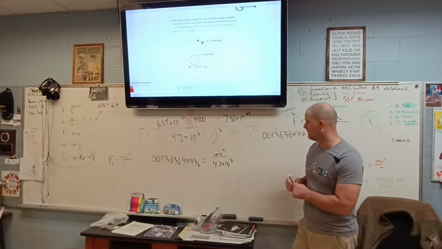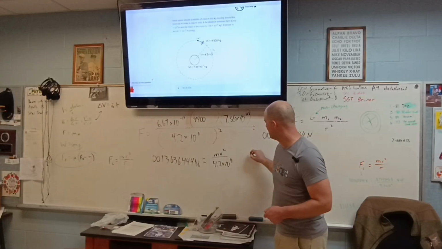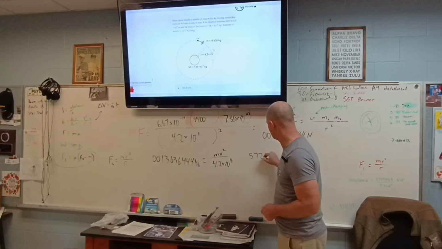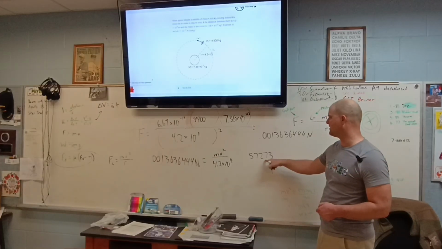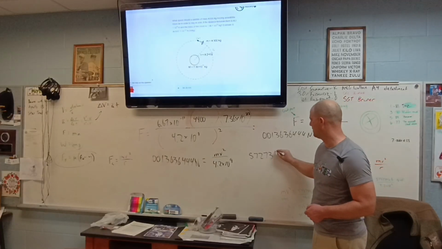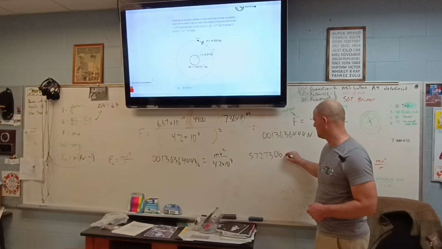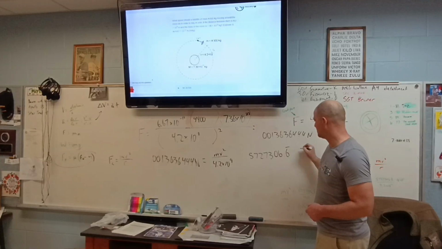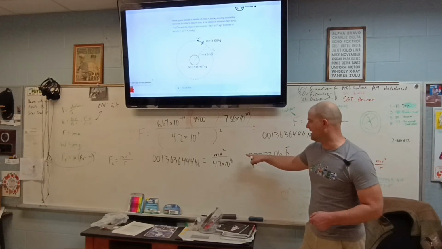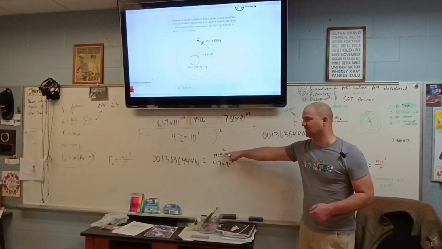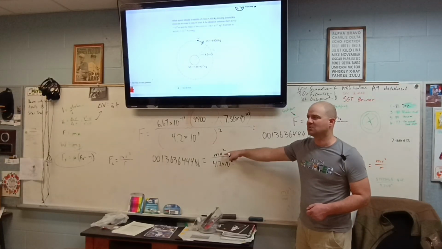We got 5,727,306.66, so like repeating, probably. So that now is equal to what? It's equal to mass times velocity squared, right?